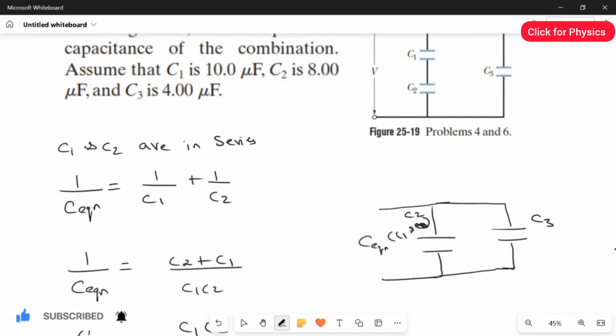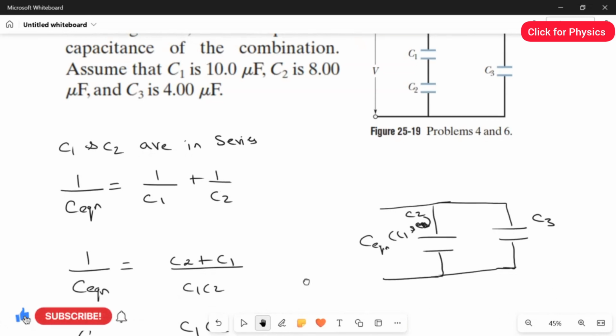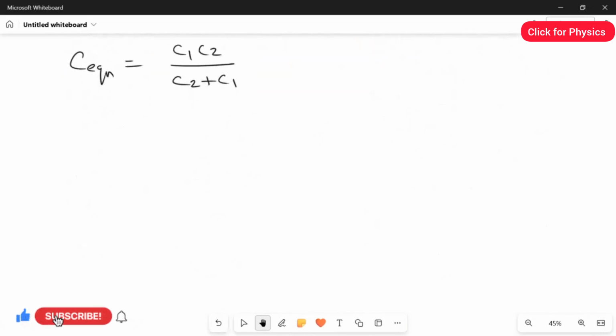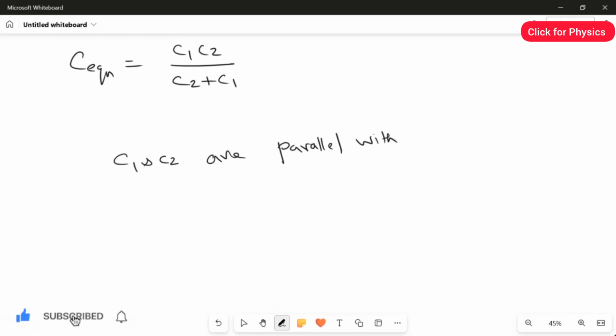So now we have to use the formula for capacitors arranged in parallel. Now C1 and C2 combined are in parallel with C3, and we know the formula for capacitors arranged in parallel.